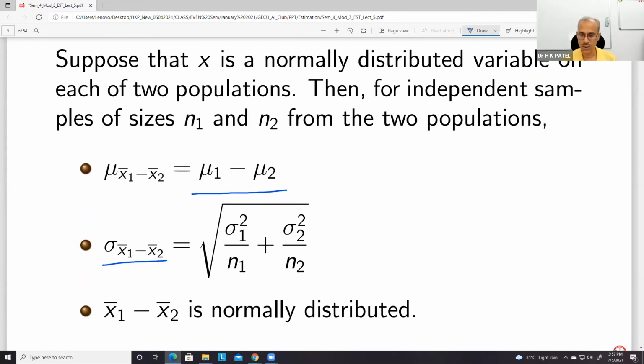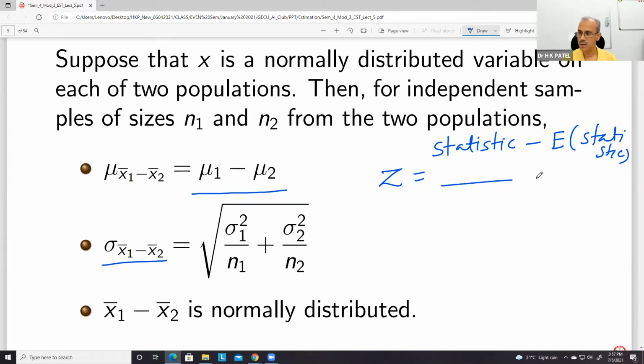Therefore, we can use Z, in general, equal to statistic minus E of statistic upon standard error of statistic.